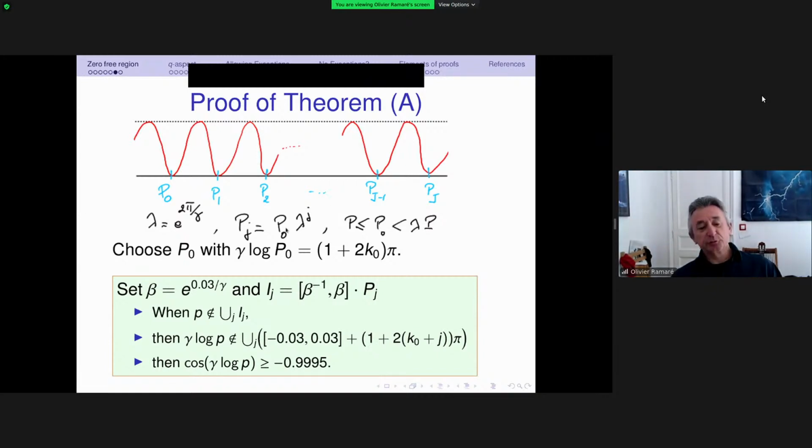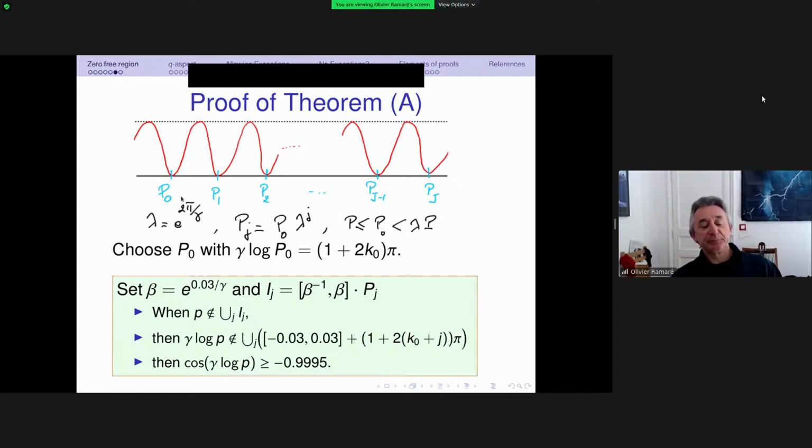So you have to look at what happens between some P and lambda times P, where gamma is very large, so exponential of 2 pi over gamma is essentially 1 plus 2 pi over gamma. That's a very small number. So you look between p and 1 plus something small times p. And you get this behavior, and you have this bad interval at the bottom here.